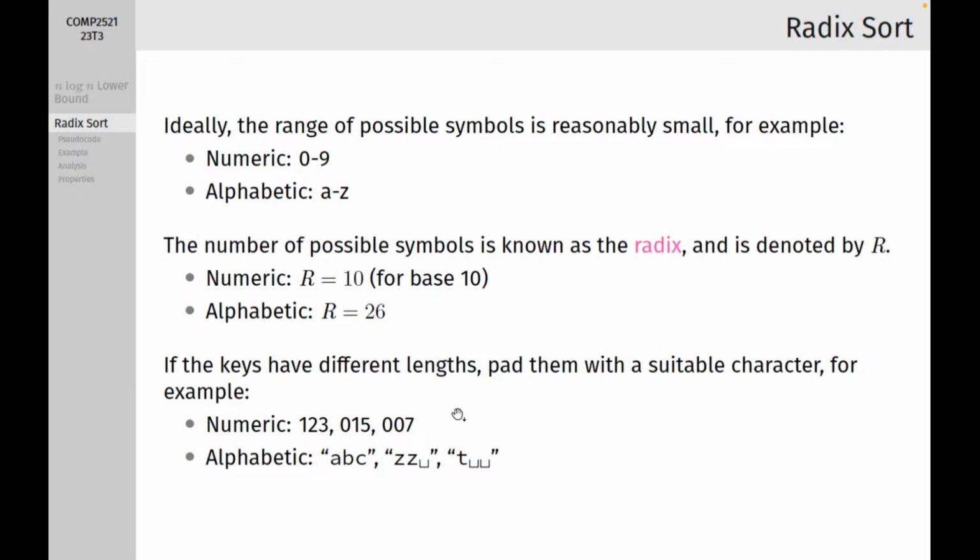And if you have alphabetic keys, then you would pad the shorter strings with a trailing blank. So Z, Z blank, or if your key is just a T, and your longest key has 3 letters, then you'd pad the T with 2 blanks. So T blank blank.